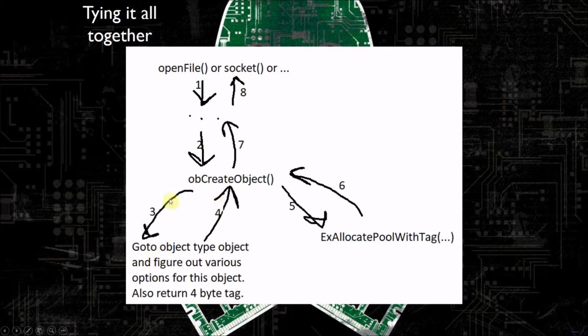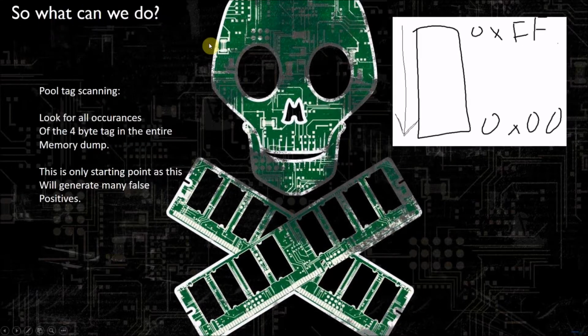Getting the data is handed off to other functions. Once figuring out the data is done, it returns back to ObCreateObject. Then ObCreateObject is going to call ExAllocatePoolWithTag, which takes the data that was collected and actually puts it in memory. Then it returns from ObCreateObject, and up to our original function call. So this is the path taken to create an executive object, and it's surprisingly generic. It ties together really well, I think.